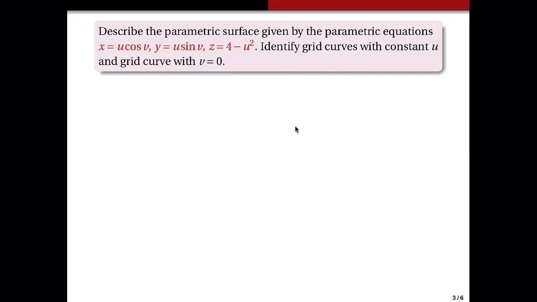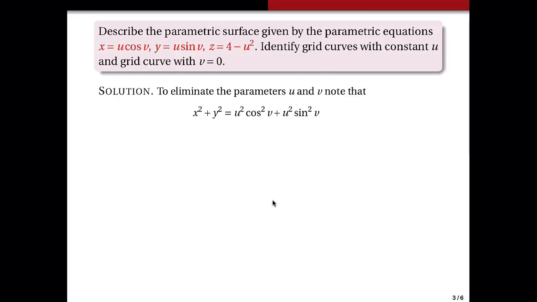First, let's see what these parametric equations represent. You can eliminate the parameters u and v by getting the square of x plus the square of y, which gives u squared cosine squared v plus u squared sine squared v.